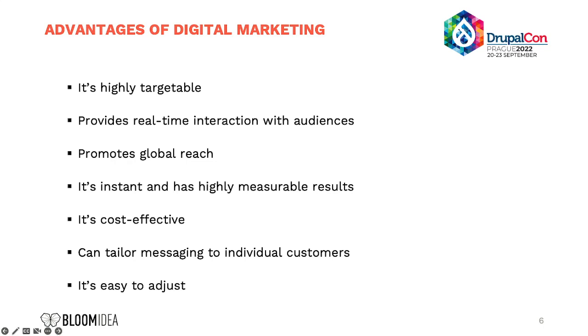It's cost-effective. Nowadays, this is debatable because the cost of marketing is increasing daily. You can tailor a message to individual customers, and it's easy to adjust. If you have a campaign that is not working, you can pause the campaign, change the ad, change the text, the copy, and in a few minutes have another campaign running.